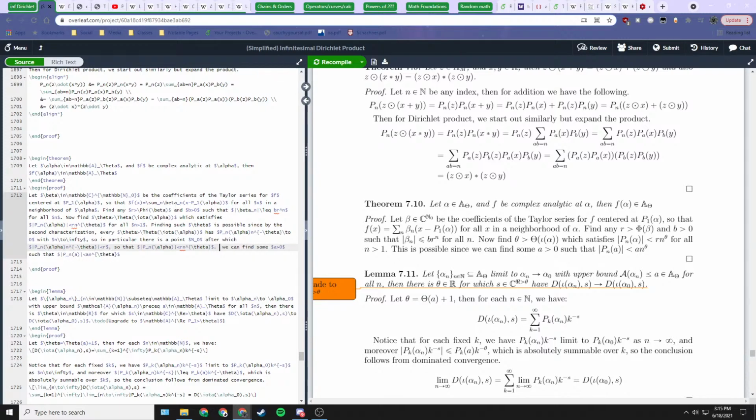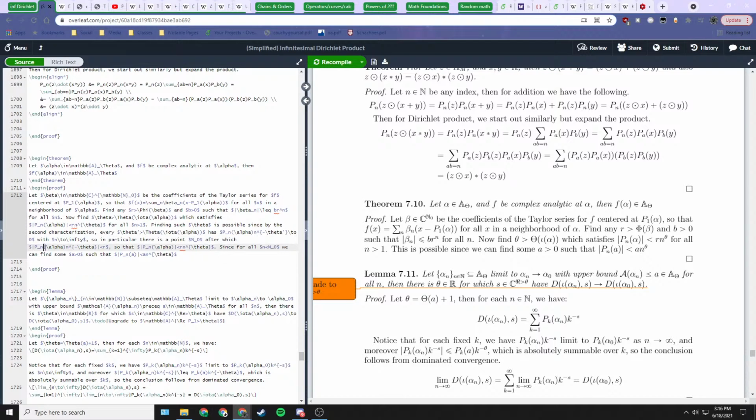Actually, let's do it this way. Finding such theta is possible since by the second characterization, every theta prime greater than theta has p sub n alpha n to the power minus theta prime going to 0 as n goes to infinity.